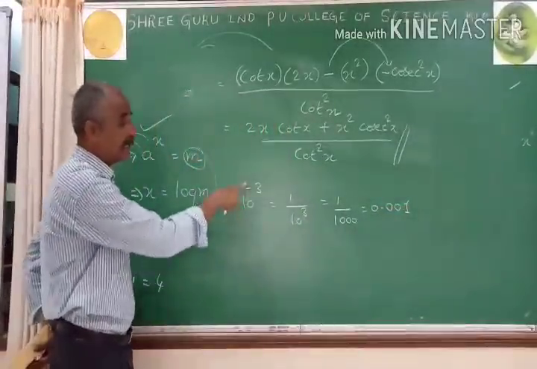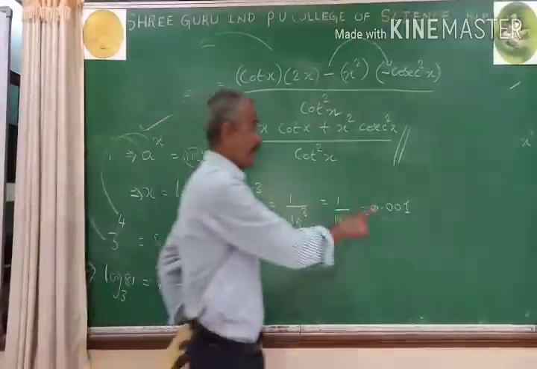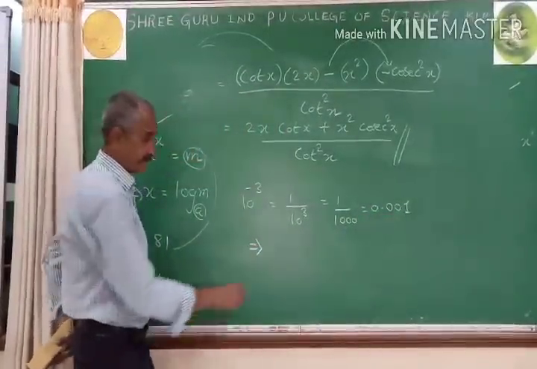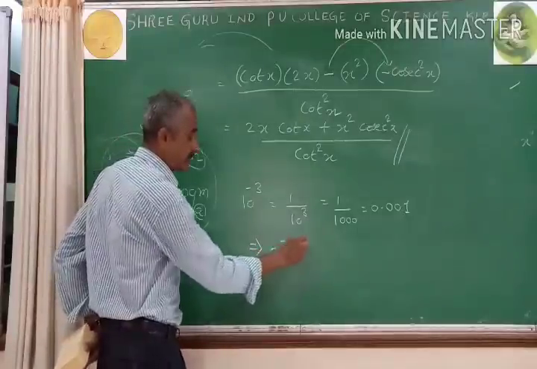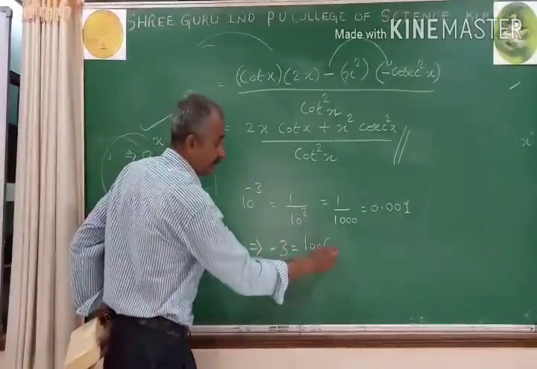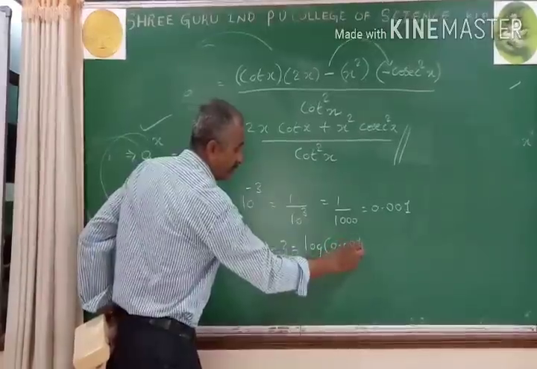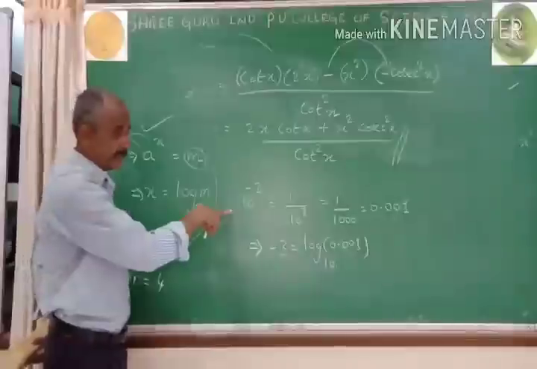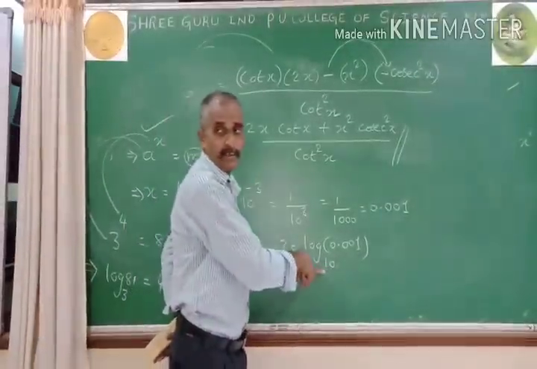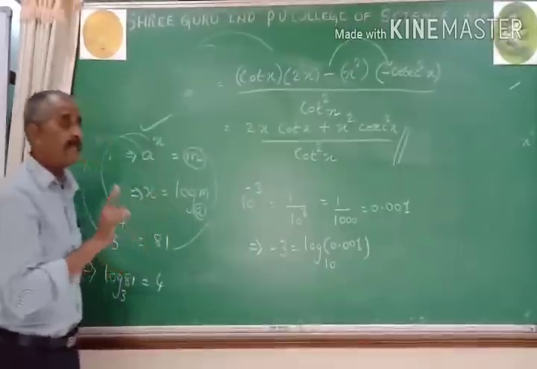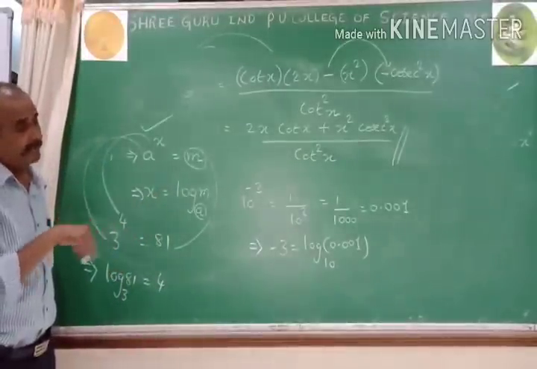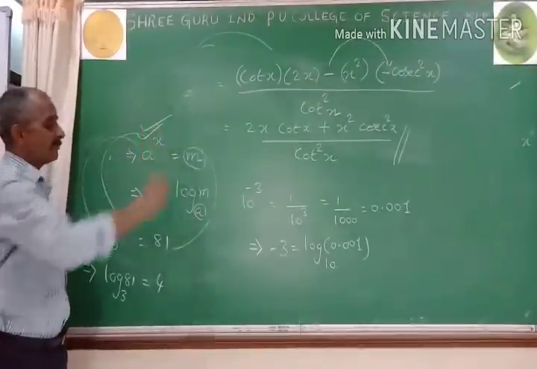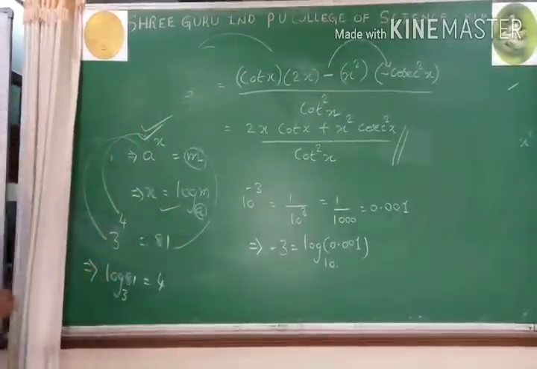So 10 to the power of minus 3 equal to 0.001 implies that in the form of logarithms, minus 3 equals log of 0.001 to the base 10. So this is the exponential form, this is the logarithm form. Both are the same in meaning and value, but the writing notations are different.